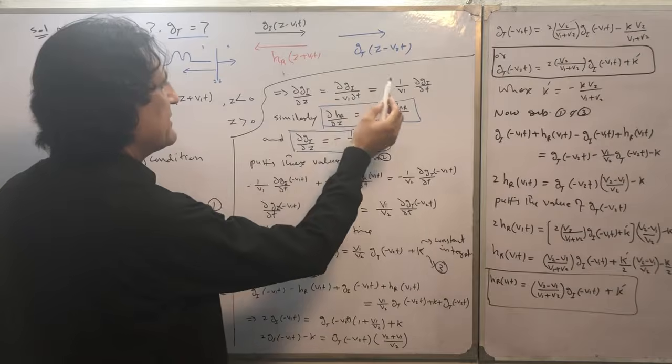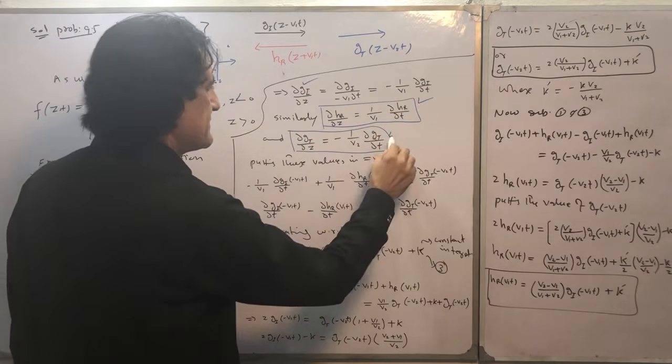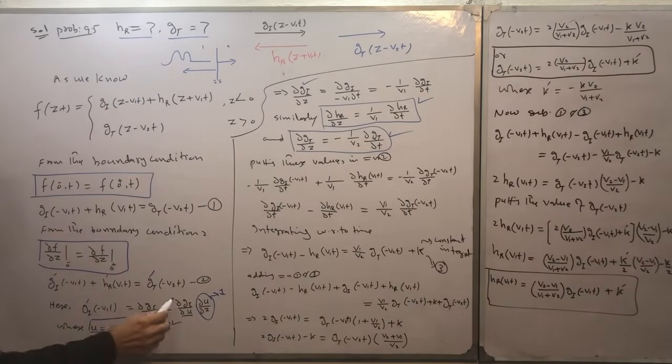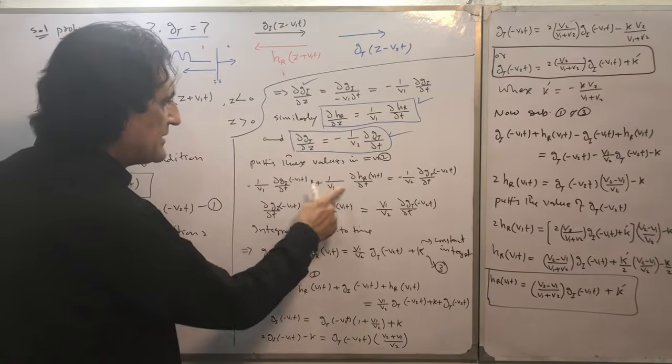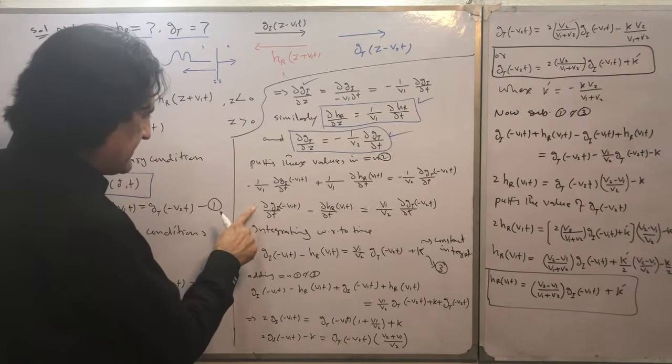Now putting these values into equation 2, if we put all these values, we have this kind of thing.